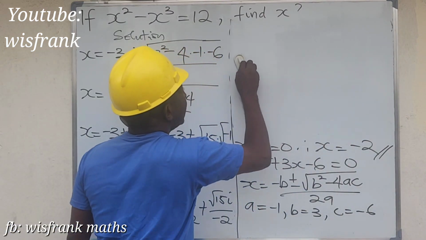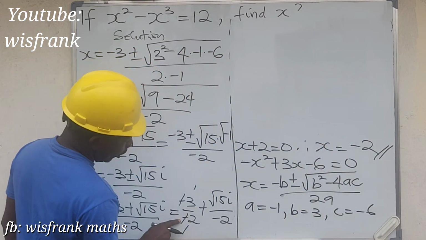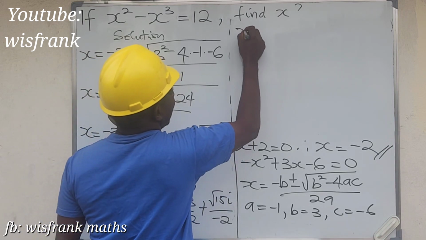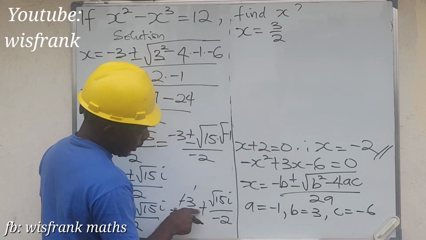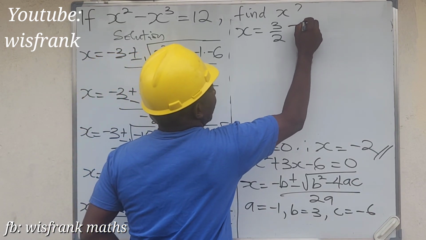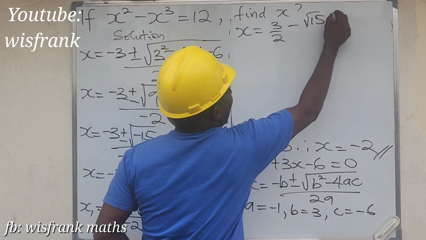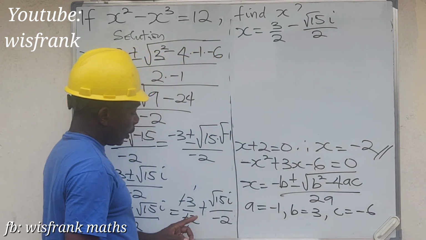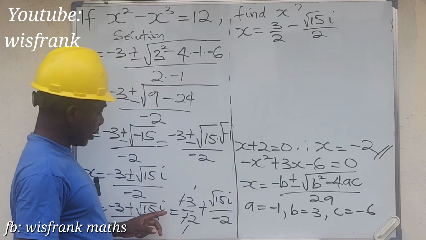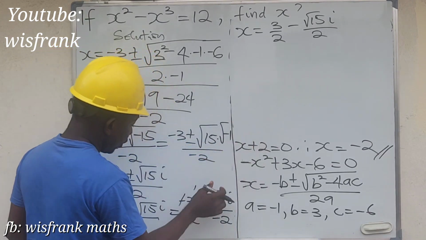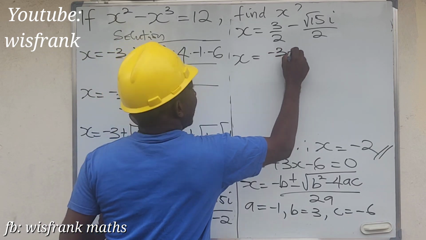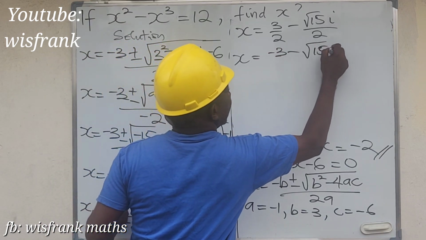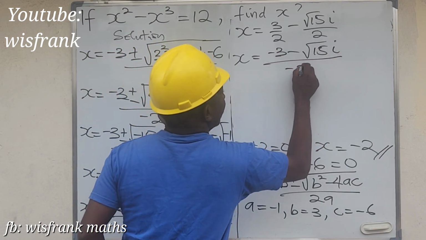So here, because minus cancels here, we have x equals to 3 all over 2. Then minus times plus will become minus root 15i all over 2. So this is the first value of x from this evaluation. So the second part, which is x equals to minus 3 minus root 15i all over minus 2.